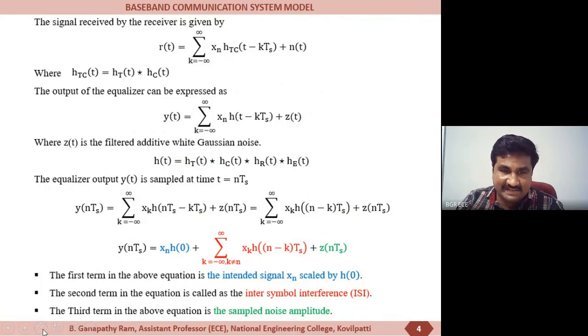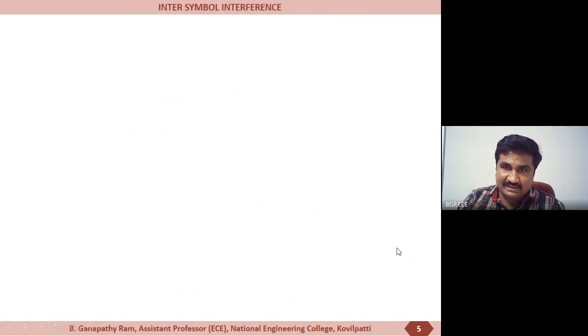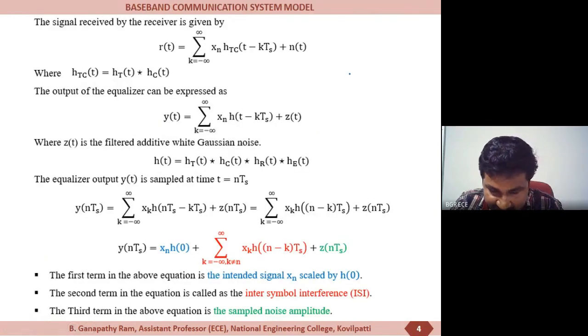Now let us consider the second term. The second term consists of various shifts in the channel impulse response, which is considered as a delayed version, and which also has x of k. That means the transmitted symbol x of k is transmitted again and again for every shift depending upon the value of k.